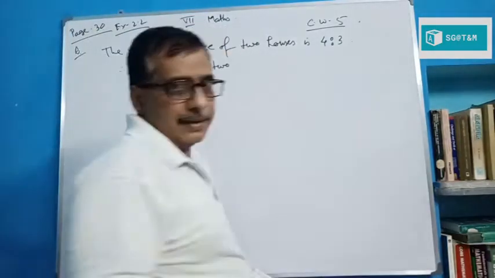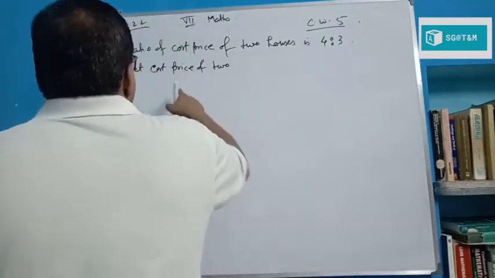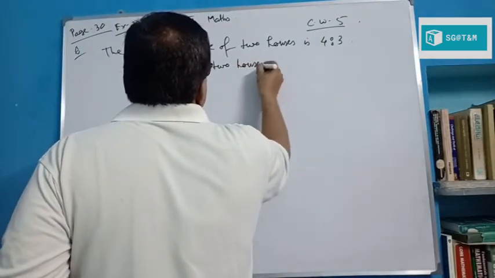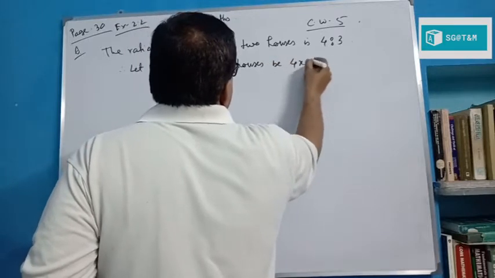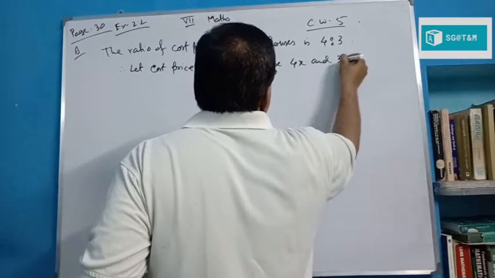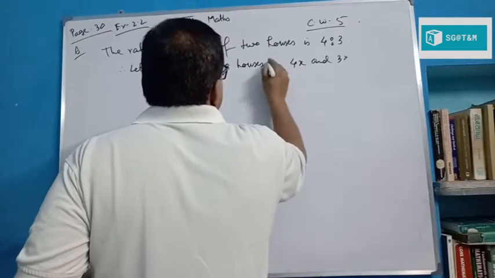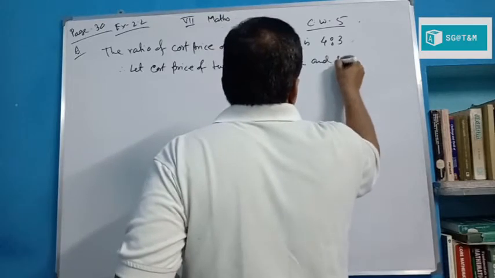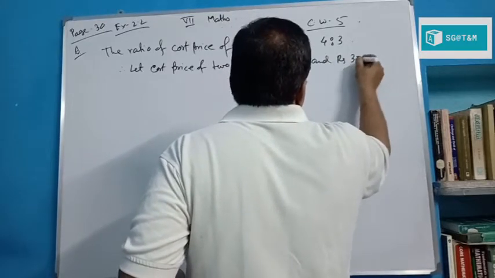If we use algebra, let the cost price of the two houses be 4x and 3x, obviously rupees, respectively.